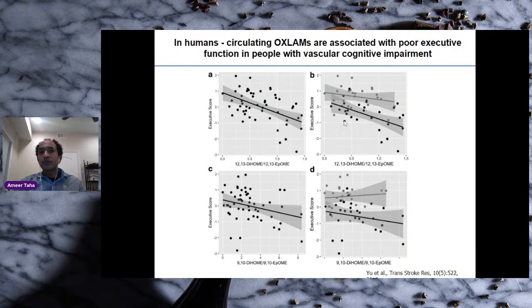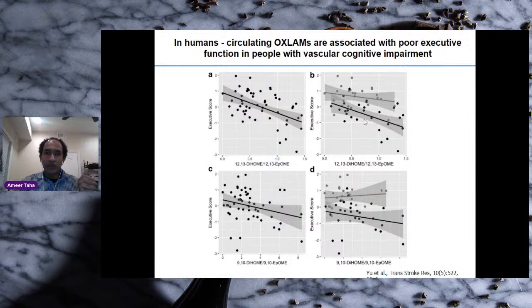Basically what this shows is that if you're an elderly person with no cognitive impairment, these different oxalams, shown on the top and bottom, don't really correlate much to your executive score. On the other hand, if you have vascular cognitive impairment caused by vascular disease, which is a risk factor for Alzheimer's disease, we found that increased concentrations of these oxalams is associated with poor executive function.